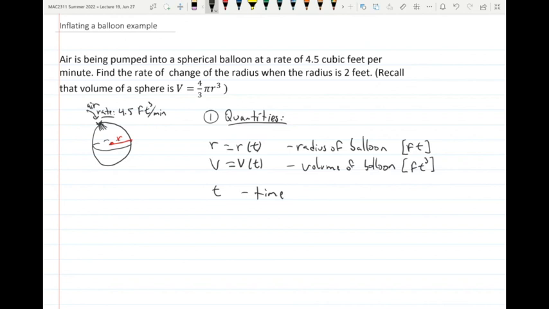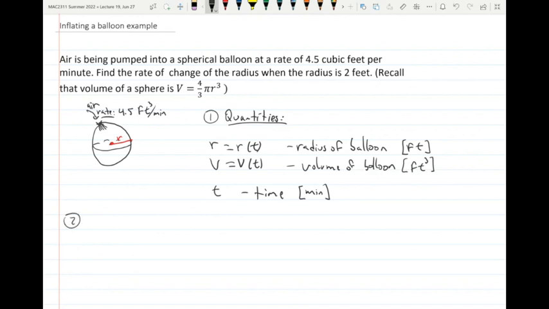Well, they both depend on time, okay? And that's gonna help us find the stuff that we need. And how are we measuring time in this problem? In minutes, right? It's giving the data, 4.5 cubic feet per minute. Everybody okay with this? All right, so we have our quantities.